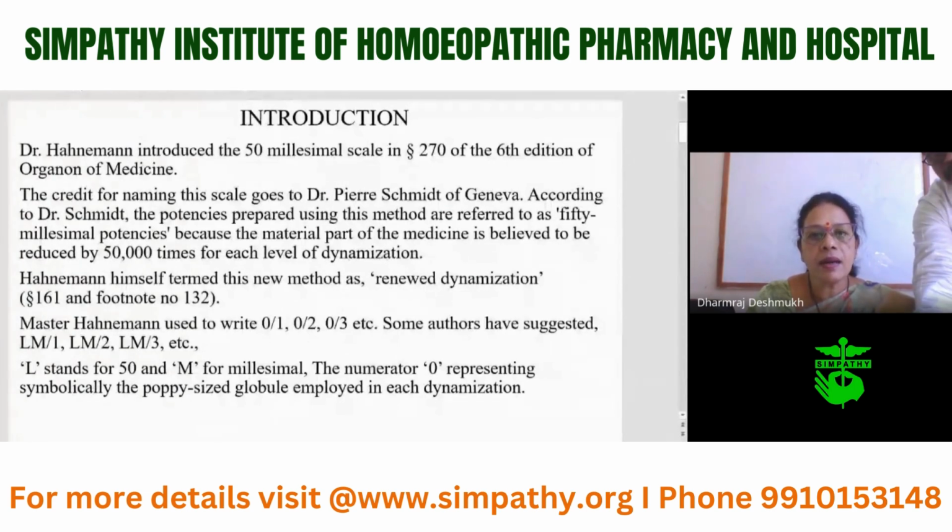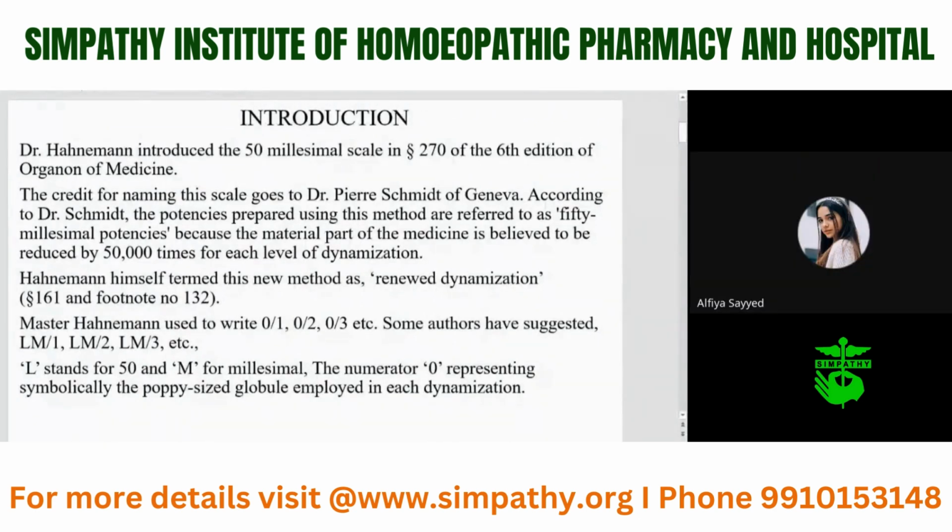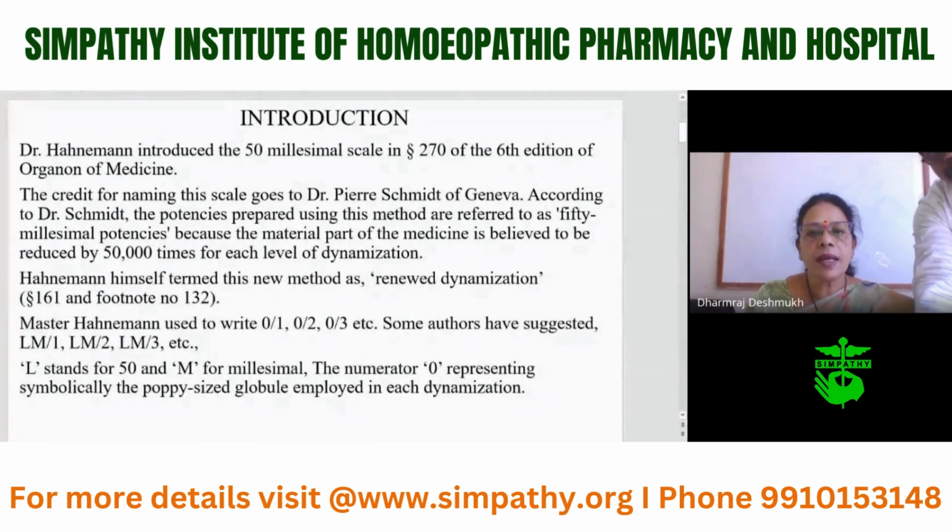After adding 100 drops of alcohol, you again cork the bottle and give 100 downward succussions, and that will be the 0/2 potency. Like this, you can prepare further potencies, up to the 0/30 potency.